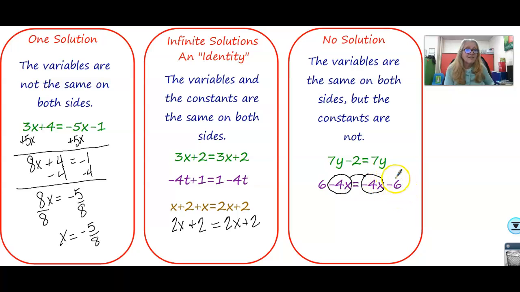They're not. This is a negative 6. This is a positive 6. Okay, so you have to be very careful. You've got to be like Sherlock Holmes sometimes with these. These are not equal. On this side, you add 6 to negative 4x. On this side, you subtract 6 from negative 4x. These are never going to be equal, so there's no solution to that equation.